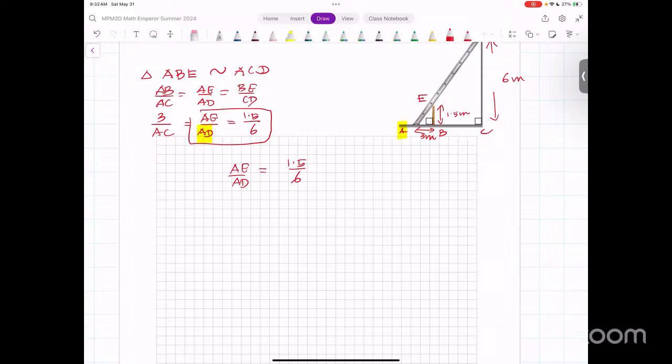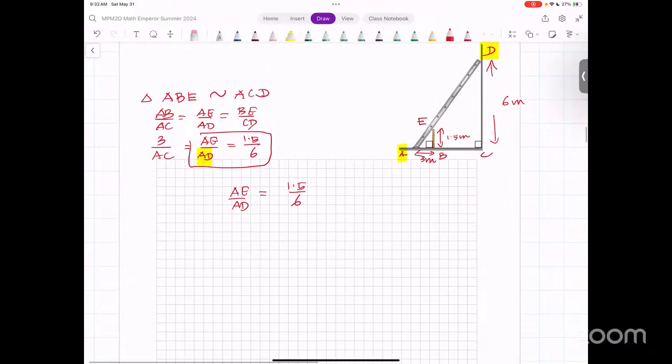Cross multiply. So 6 times AE is equal to 1.5 times AD. AD is equal to 6 times AE divided by 1.5. Without knowing AE, I cannot find AD.